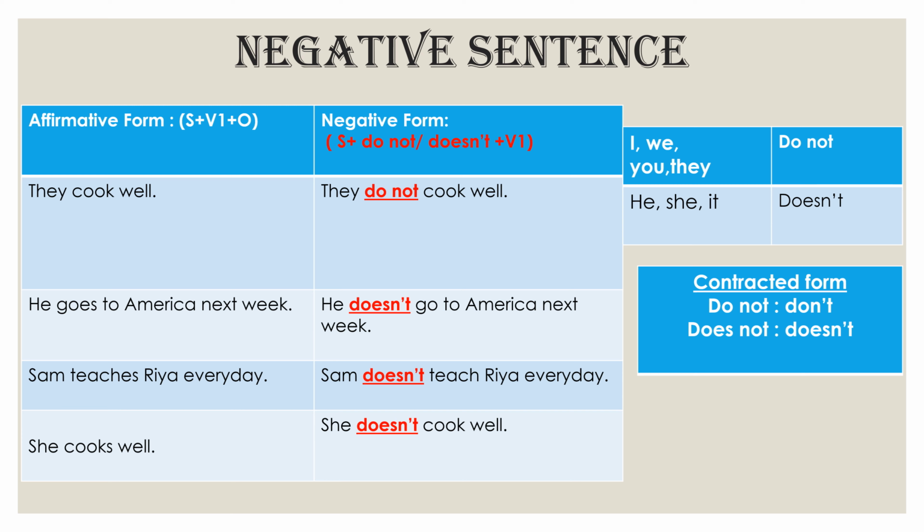He goes to America next week. Go is the main verb here. In negative and interrogative sentences, we do not add s or es with the main verb. So here, the negative form is he doesn't go to America next week. It's not he doesn't goes to America next week.